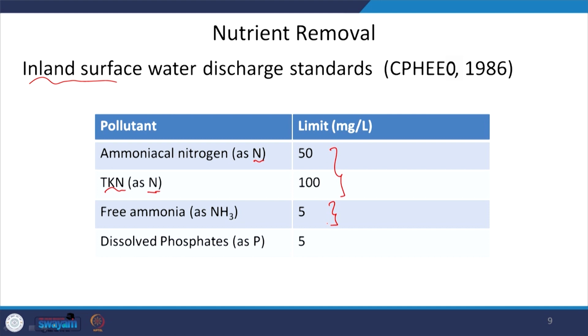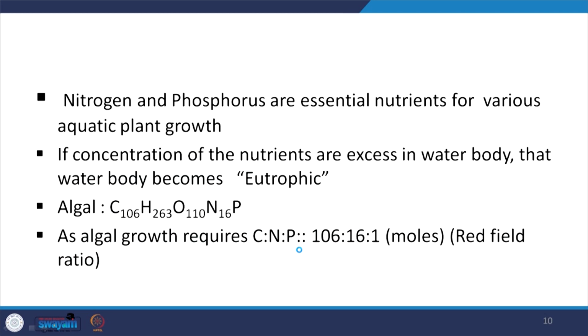Typically I guess we have decreased these values, and the dissolved phosphate value is much lower. Why is that? Because typically in surface waters this is the limiting nutrient. Let us move on. And again, why am I concerned with removing nitrogen and phosphorus?